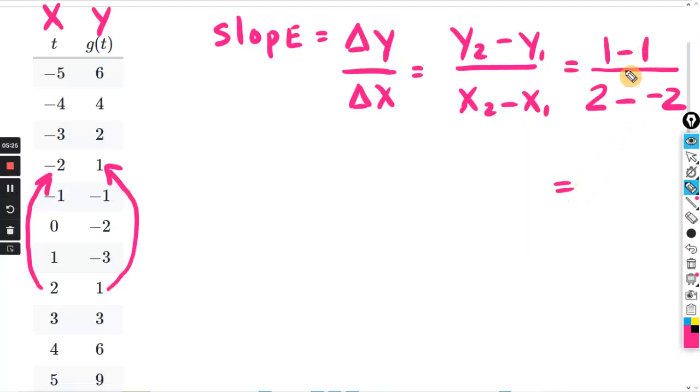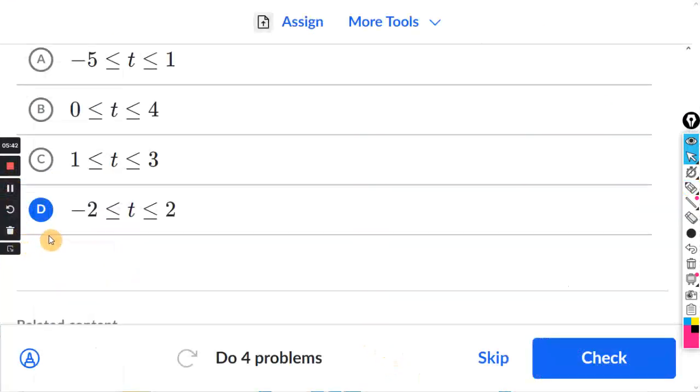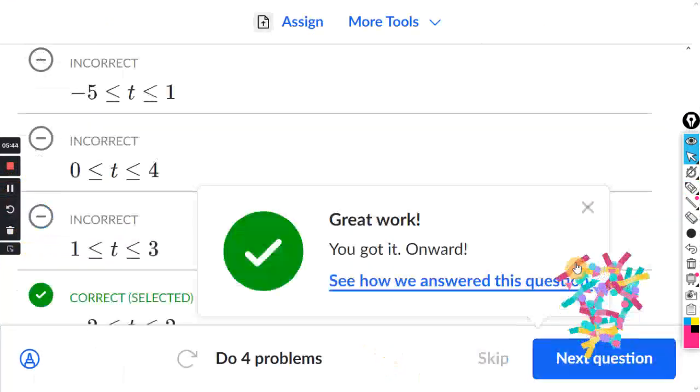And I think we got it. 1 minus 1 is 0. Two negatives in a row make it positive. That's 0 over 4, which equals 0. So that's the one we wanted. Answer D.